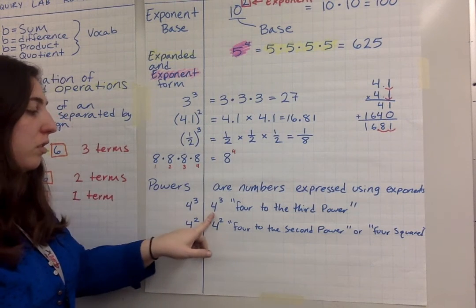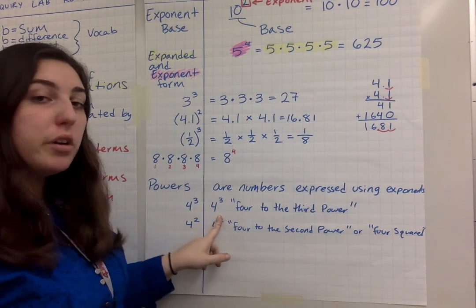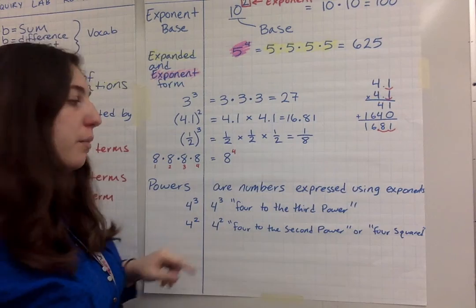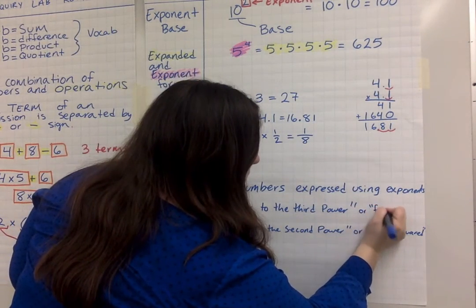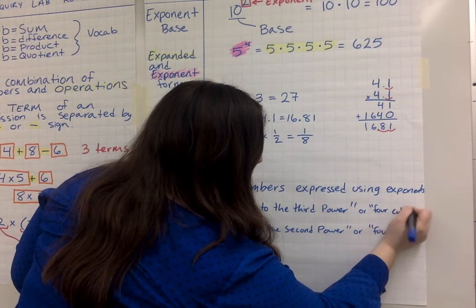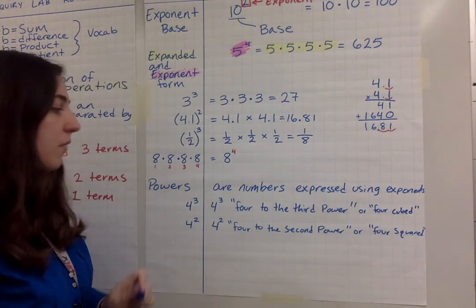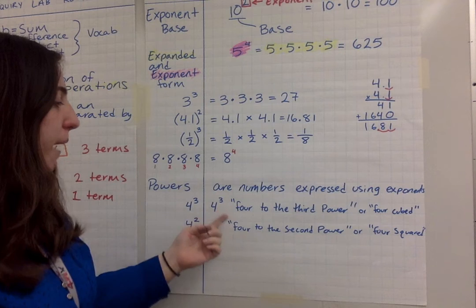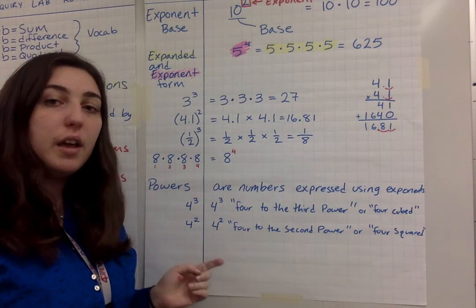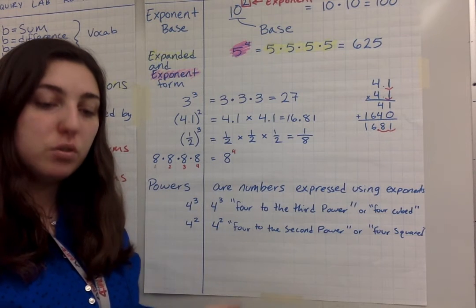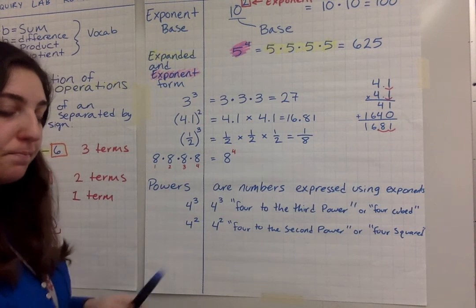You can also say this one as 4 cubed instead of 4 to the third power. Okay, so 4 to the third power, or 4 cubed, and then 4 to the second power, or 4 squared. And I'll explain why we can say 4 squared in just a second.